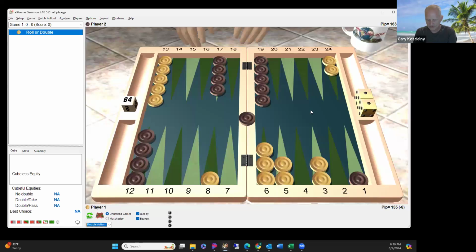And this is a tricky one. What's happened is black rolled a 5-3, 5-2, I guess, or 5-4, came down to split, and then white rolled double threes, and then black dances. So let's look at the Olsen system. What do we got?